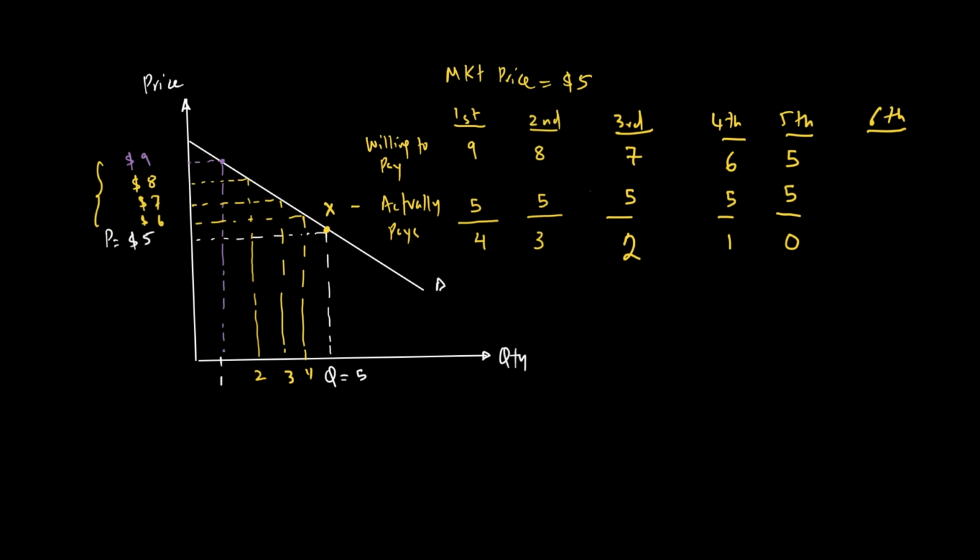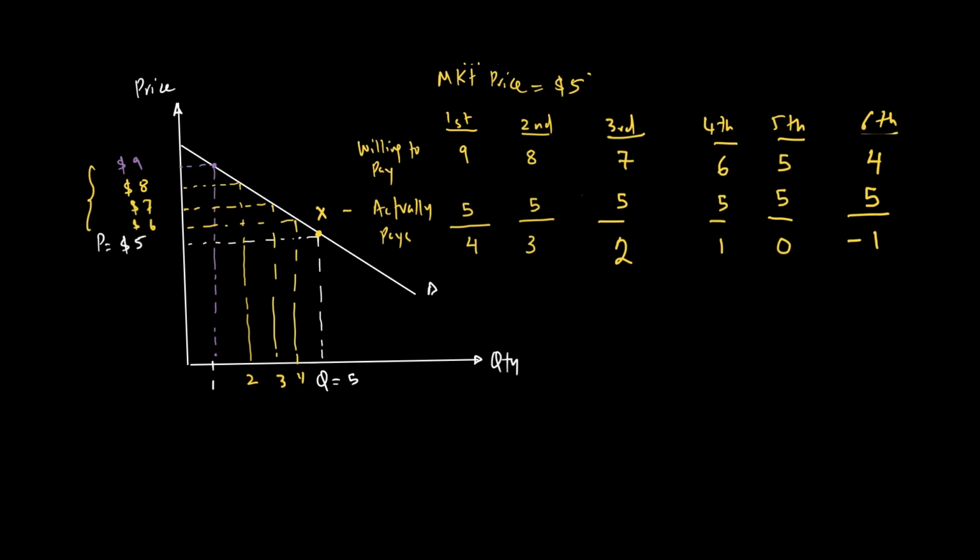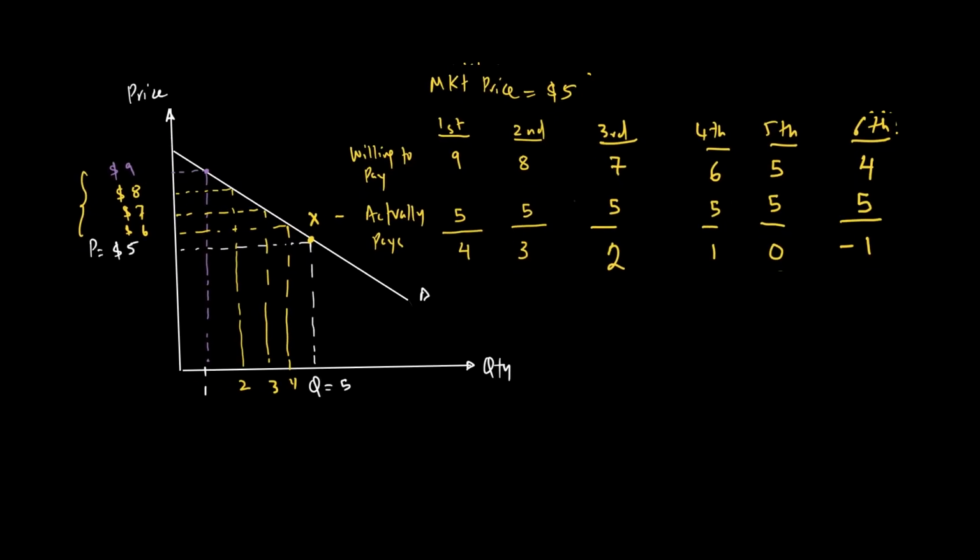And the answer is no. I will never be buying a good where my willingness to pay is less than what I actually pay. So I will never buy the sixth unit. Let's say the sixth unit has a willingness to pay of 4, but the market price is 5, which means my consumer surplus for the sixth unit is -1. I will never want to have a situation where my consumer surplus is negative.